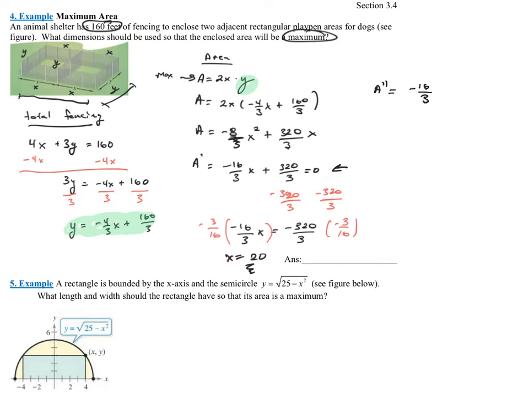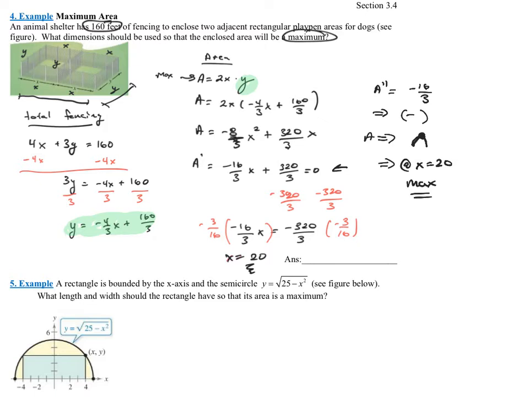The derivative of a constant is 0, so my second derivative is negative no matter what x value I put in. Second derivative negative means my original function is concave down. If it's concave down and I'm at a critical value, that tells me that at x equals 20, I have a maximum, which is exactly what I wanted, to maximize the area.